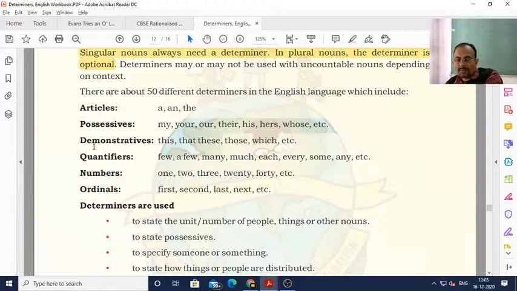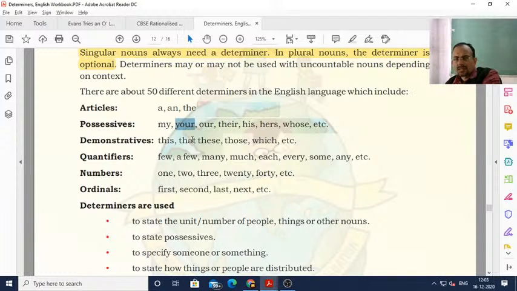For example, with possessives, like this is my house. If you want to use my, you have to use house, and if you don't want to use a noun, then you have to say this is mine, or the house is mine. But when you use the word my, you've got to use a noun after it. This is your car.